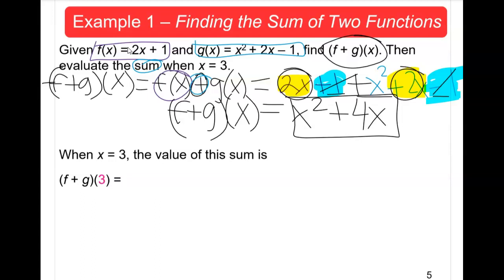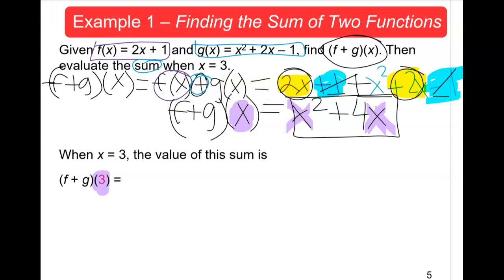Now for the second part of the question, we are asked to find, when x is equal to 3, what is the value of the function. So instead of x, we're going to have the number 3. And so for this x squared and the other x, we're going to replace those x's with the number 3.